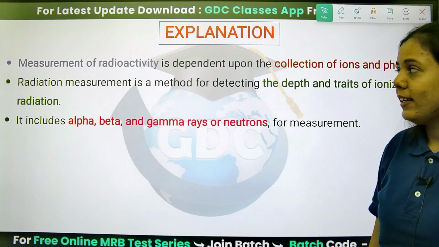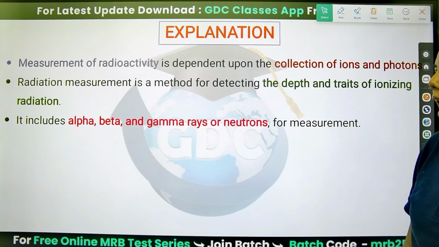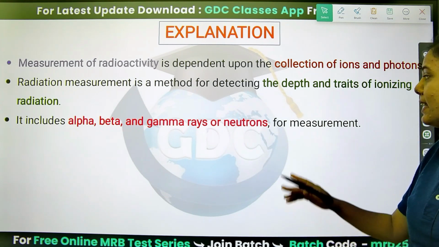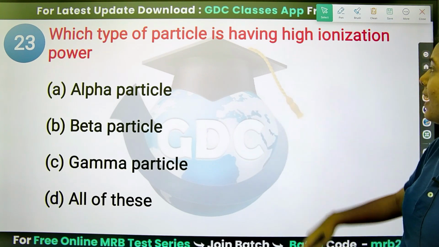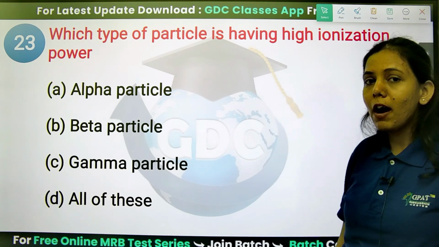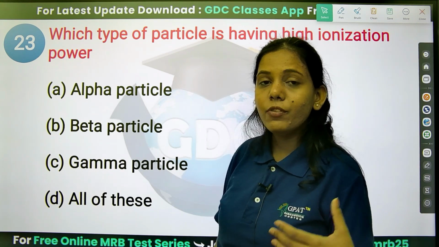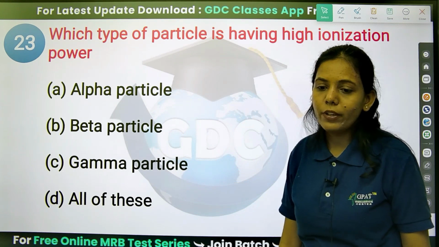Measurement of radioactivity depends upon the collection of ions and photons, and they generally include alpha, beta and gamma rays, which we have already seen. Which type of particle has high ionization power? Now they are not asking which has ionizing, they are asking which has the high ionization power. Alpha, beta, gamma, we have already discussed.